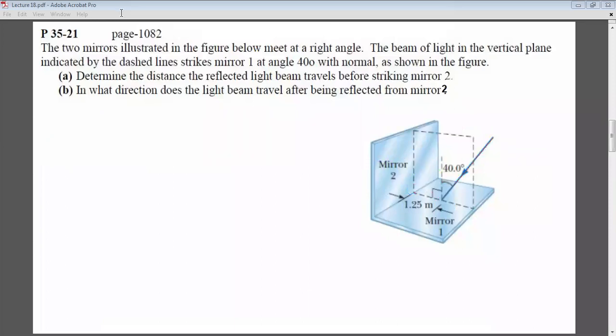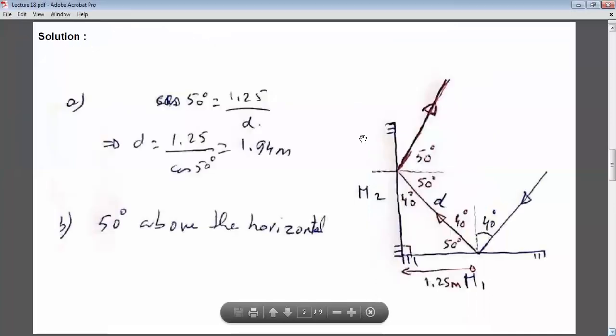Let's look at this drawing. Maybe this is the solution, and here I'm drawing an easier drawing. Here I'm only showing the mirror as one line, and this is the other mirror as one line. The incident ray makes an angle of 40 degrees, so it will get reflected with an angle of 40 degrees. This angle over here is 50 because the whole angle is 90. If this is 50, this is 40.